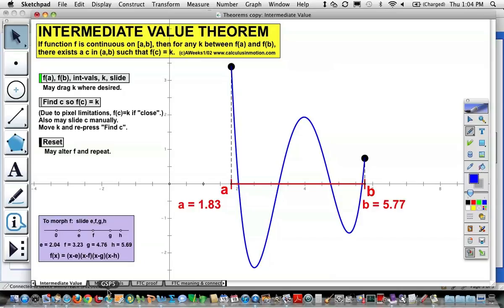I'm going to word it somewhat like what we see here. If f is a continuous function over a closed interval [a, b], so that's exactly the same.